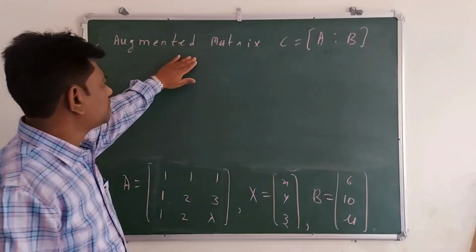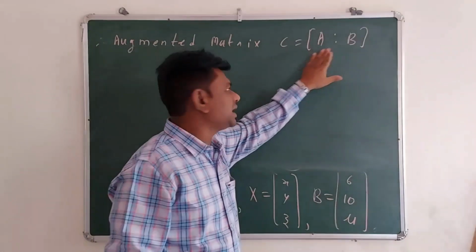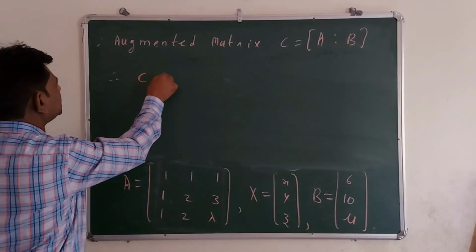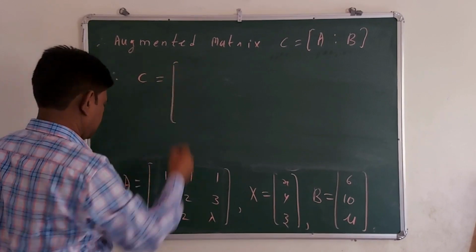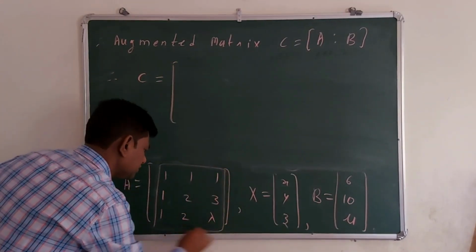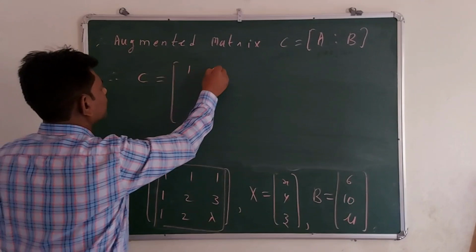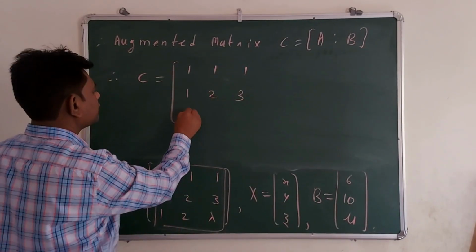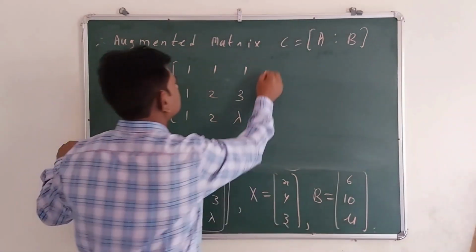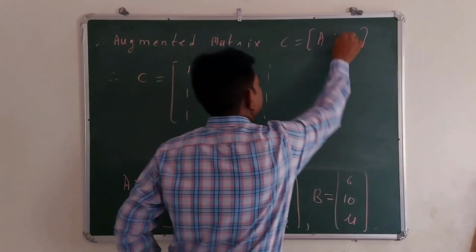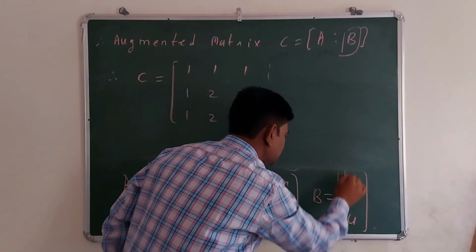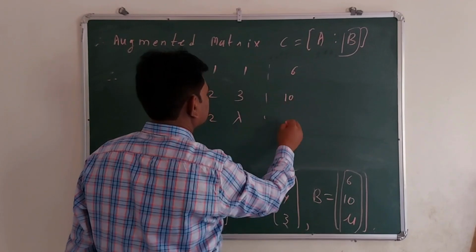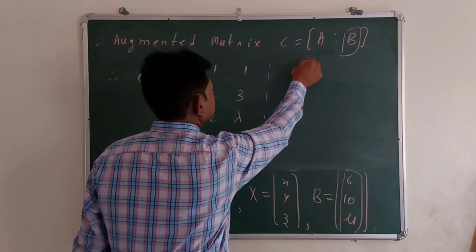Therefore the augmented matrix C is equal to matrix A and matrix B. This C is matrix A, meaning the coefficient matrix 1, 1, 1, 1, 2, 3 and 1, 2, lambda, together with matrix B, the column matrix 6, 10, and the last element mu.